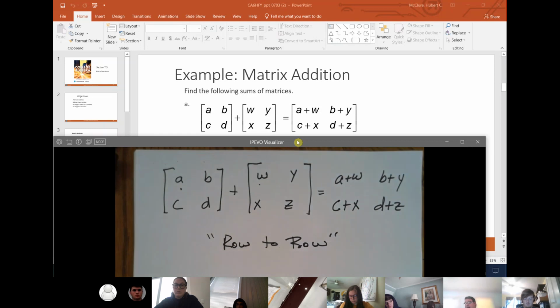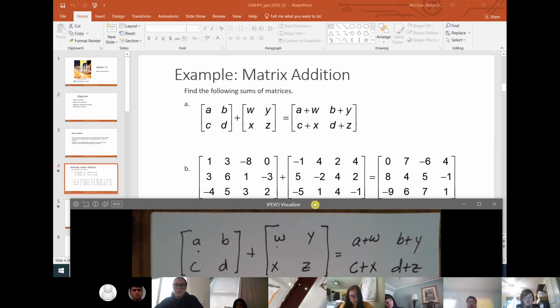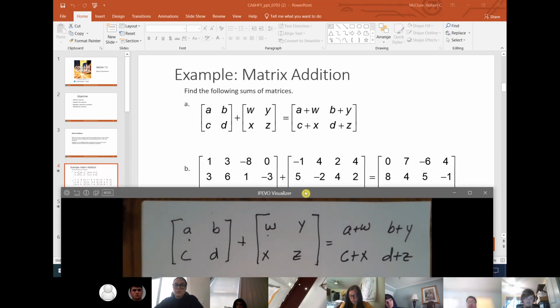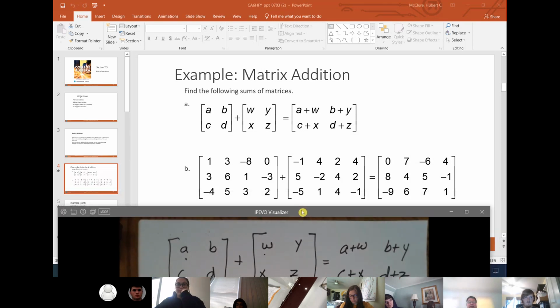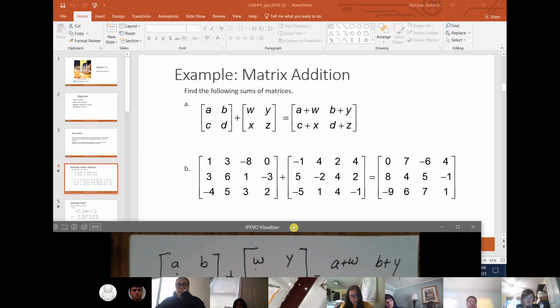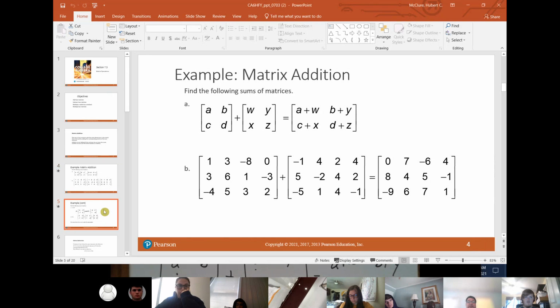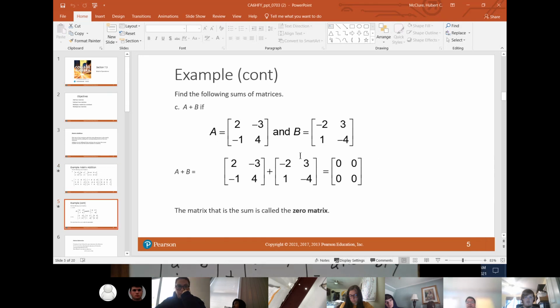So that's how you add, and it's not a major thing, and I don't particularly like starting off with a 4x4 or a 3x3. Let's see if they give you a 2x2. Here's one. Here's a test question right here.